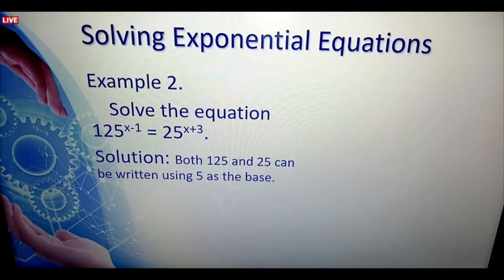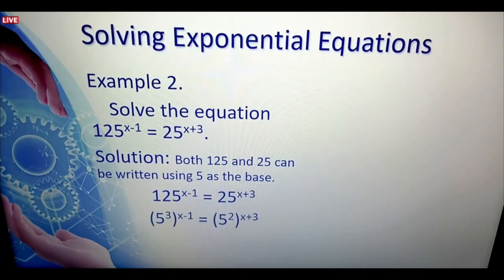So, their bases will be the same. From 125, we have 5 cubed with the same exponent, x minus 1. On the right side we have 5 squared, which is the 25 base, and its exponent is x plus 3.